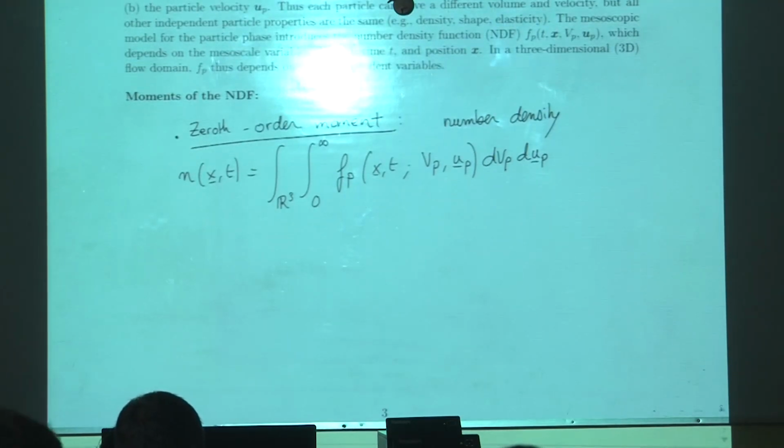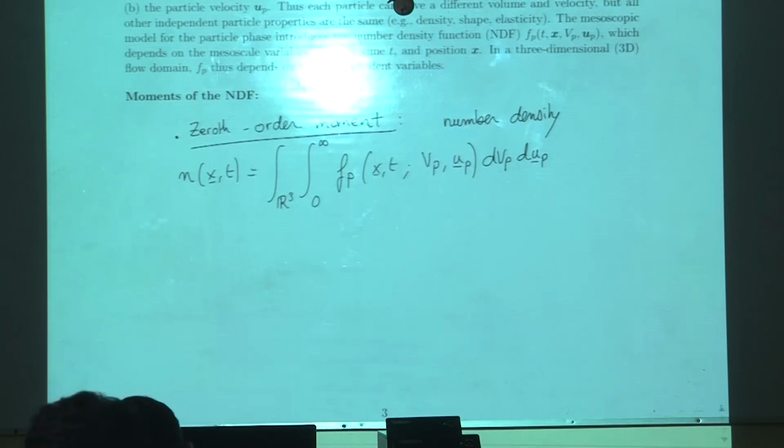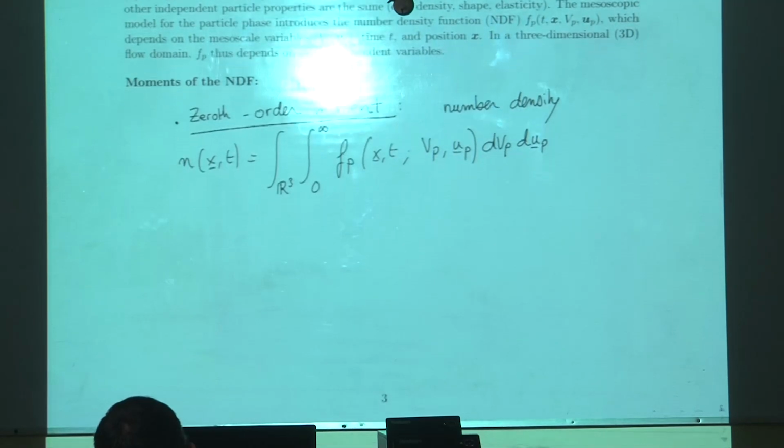So if I'm integrating over the range of velocities and range of diameters, I basically get all the particles. I'm counting all the particles that are present at that location. That gives me back my number density.